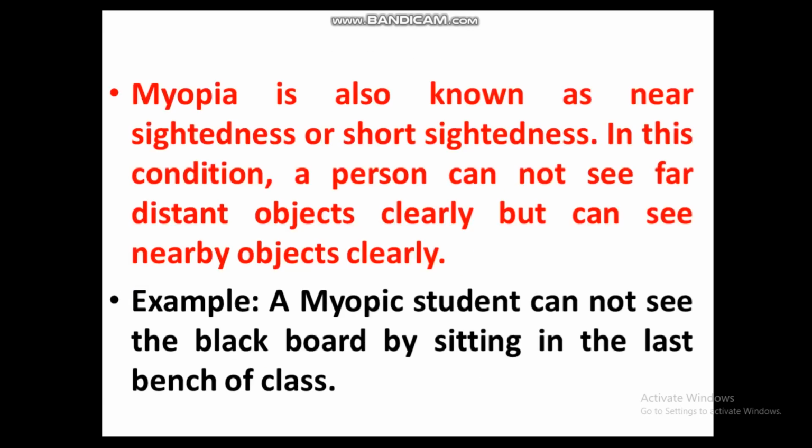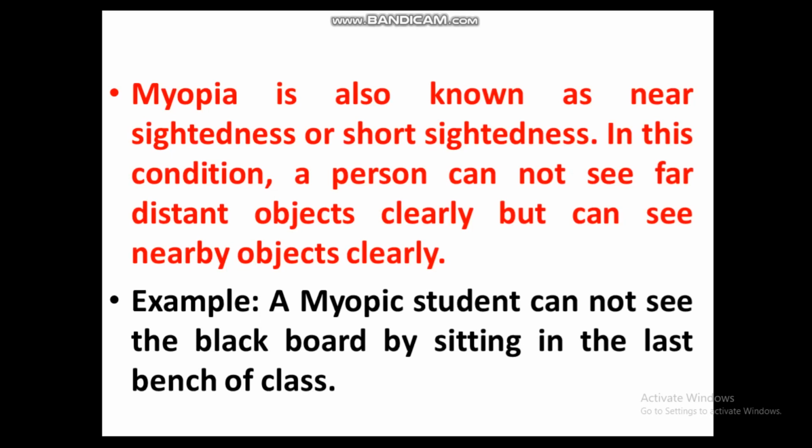Myopia is also known as nearsightedness or short-sightedness. So different terms are there for myopia. In this condition, a person cannot see far distant objects clearly, but can see nearby objects clearly. If an object is placed at a far distance, the patient will not be able to see the object clearly.